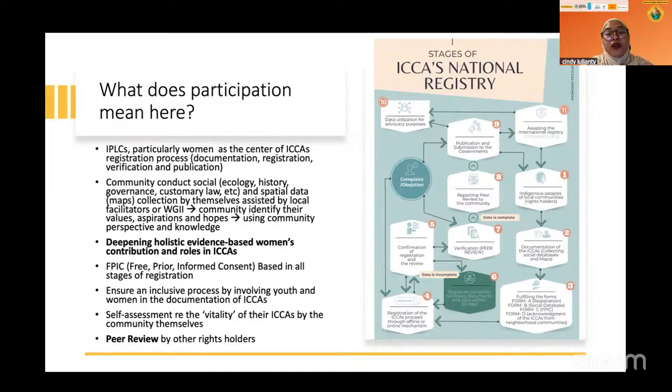And communities themselves collect their social data, such as their ecological practices, history, governance, customary law, spatial data. So we here in the secretariat of the working group GCIE Indonesia only assist them in understanding the model and the guidelines, but the process is really led by them, and also our local partners in each region, so they can identify their values and aspirations.